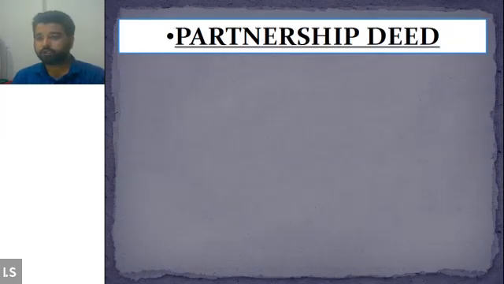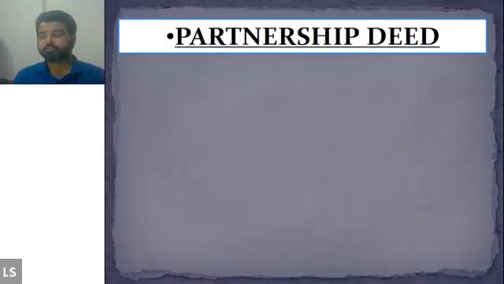All right. Now, moving on to the next topic, which is called partnership deed. Partnership deed is nothing but a formal agreement between the partners. Let's suppose there are three partners, so they must be agreeing to work with each other on certain terms and conditions.